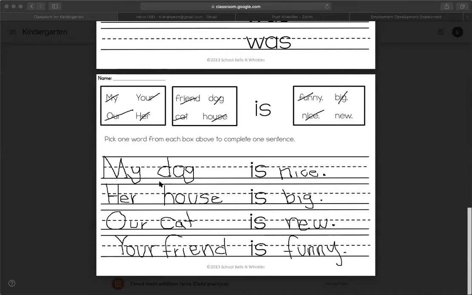Her house is new. Good job, Landon. High five. Pat on the back. Good job, buddy. Thank you for sharing.